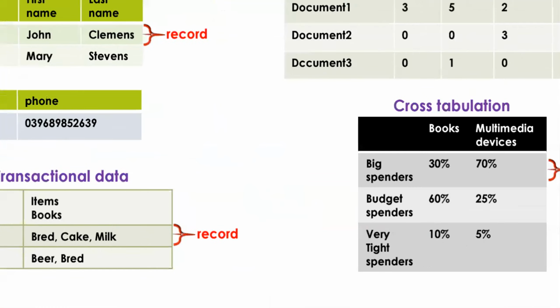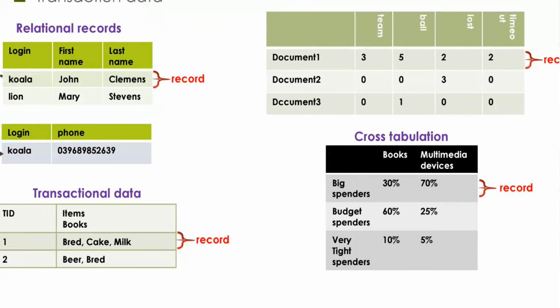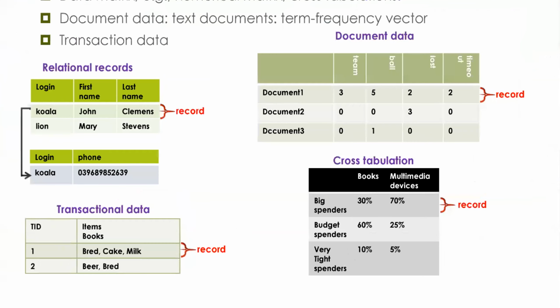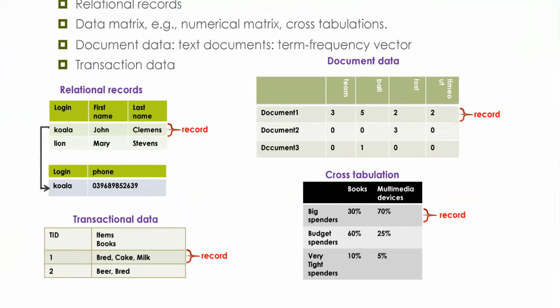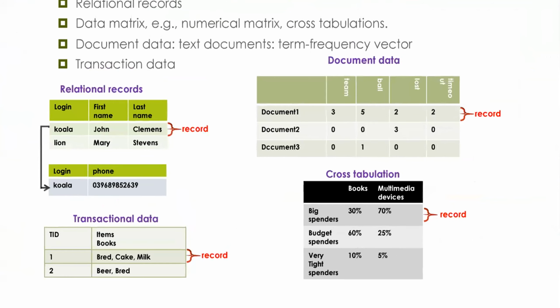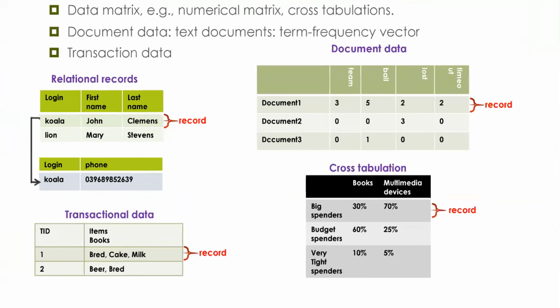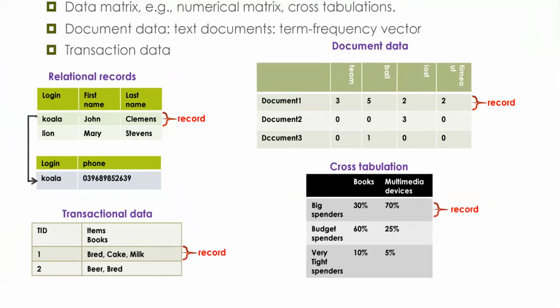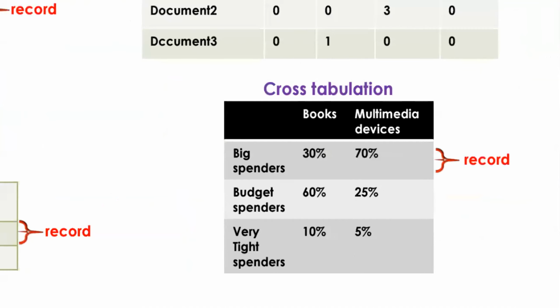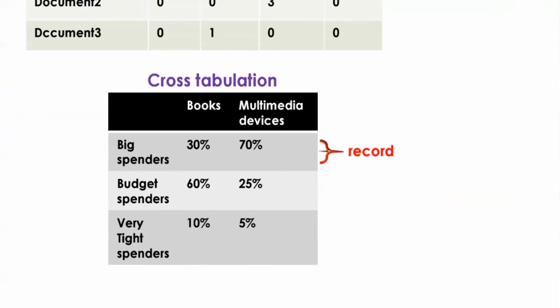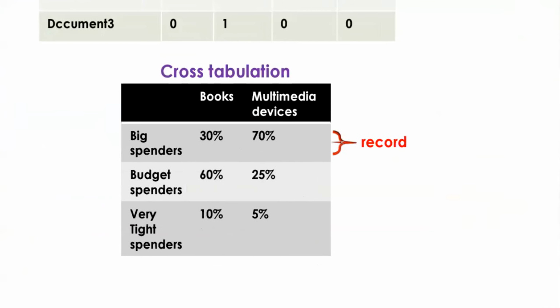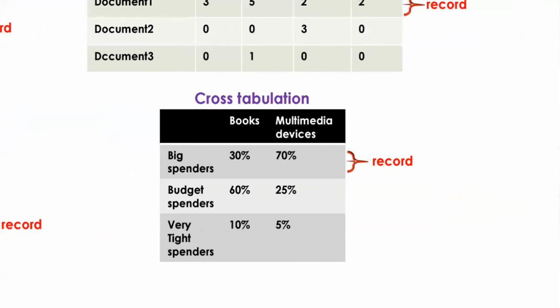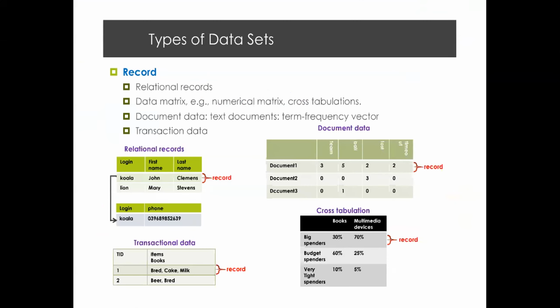So all these are records: relational records, transaction records, and document data. We also have cross tabulation: big spenders, books 30%, multimedia 70%, budget spenders 60% and 25%. All this data you have to consider as a particular record.